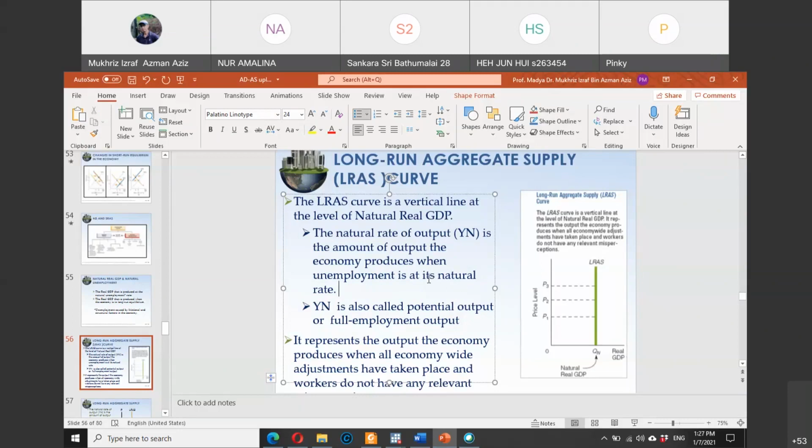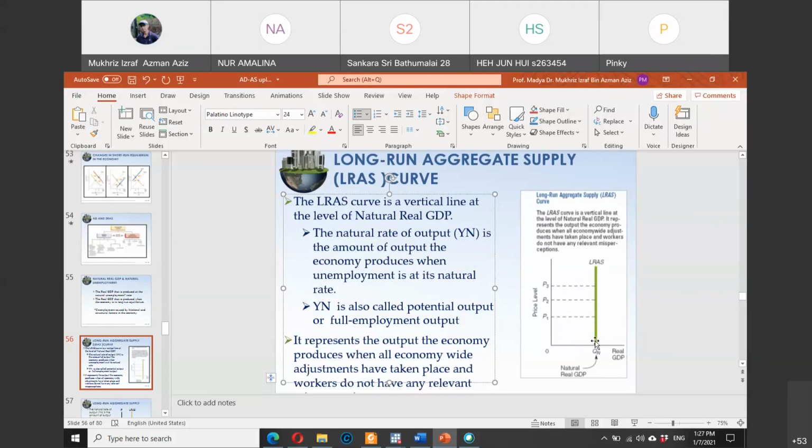So there are different components or examples of NRU, the natural rate of unemployment. You can check this in your earlier slides in chapter 8 or 9, or just Google it. So the long run supply curve is always vertical.